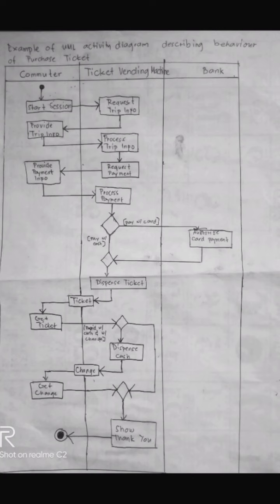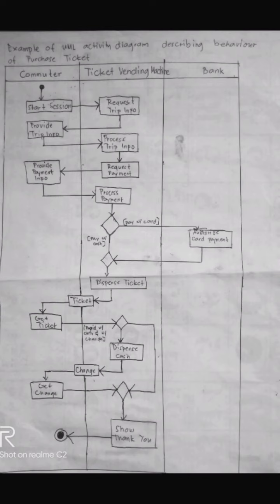So the ticket vending machine will process the information provided by the commuter. The ticket vending machine will calculate the payment due and request payment options.